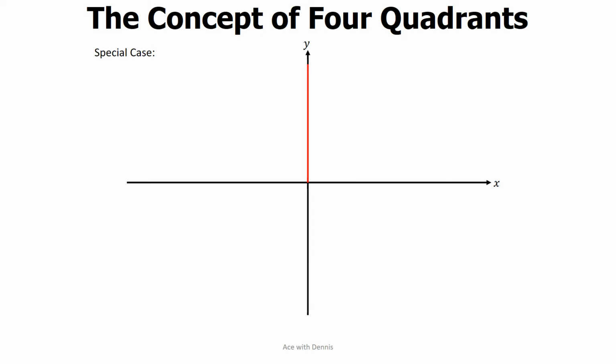The second special case is when the red line is on the positive side of the y-axis. So this is the angle, and the angle is 90 degrees. Again, we can notice that this is length A, and this is length C. So C equals A, while B is 0.